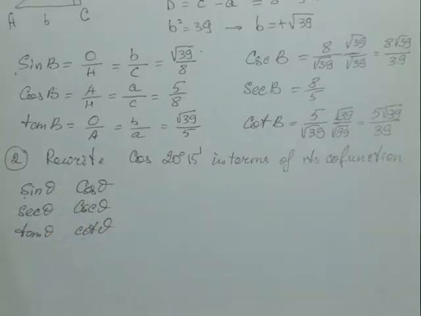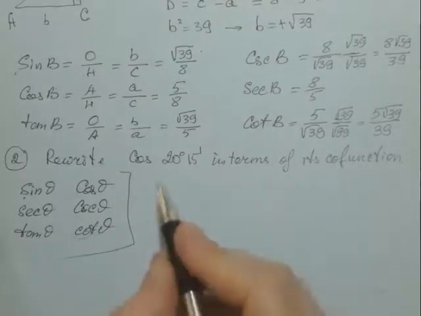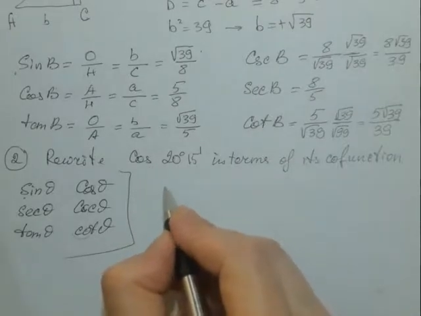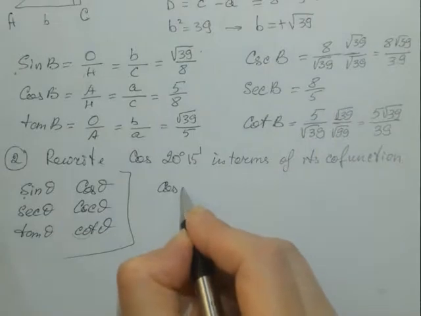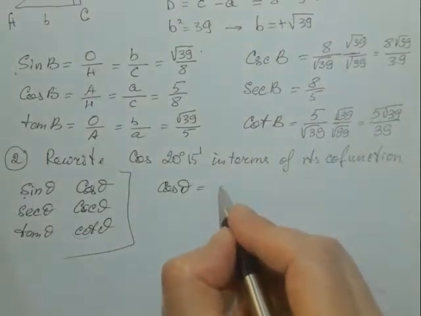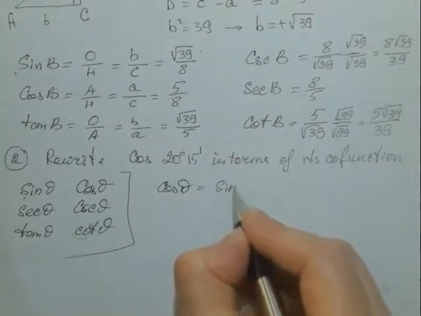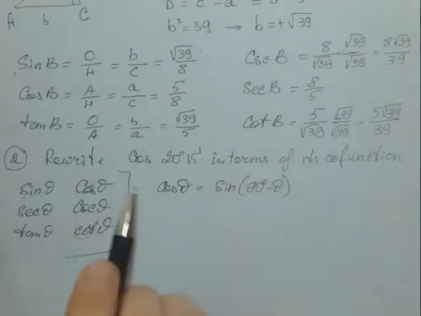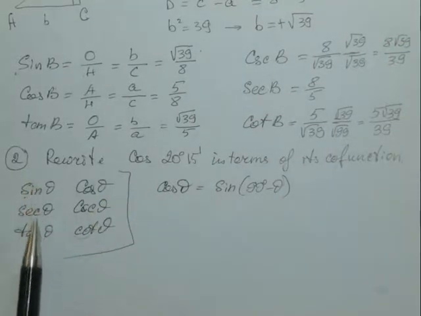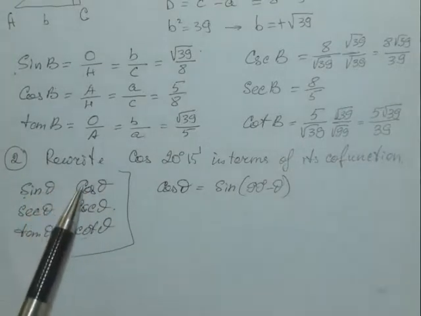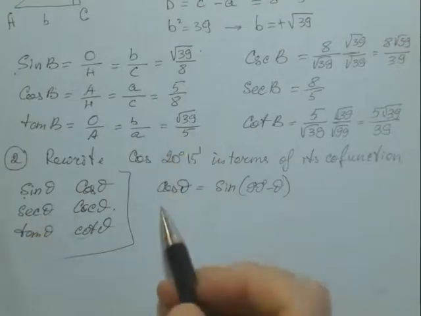So these are pairs of cofunctions, and we have an excellent property for them. Cosine of theta equals its cofunction, sine of 90 degrees minus theta. We can write the same for all three pairs in both directions. So sine of theta equals cosine of 90 minus theta, and so on.